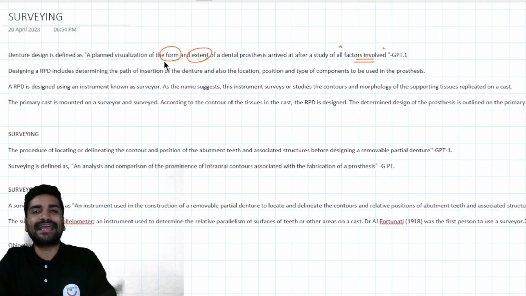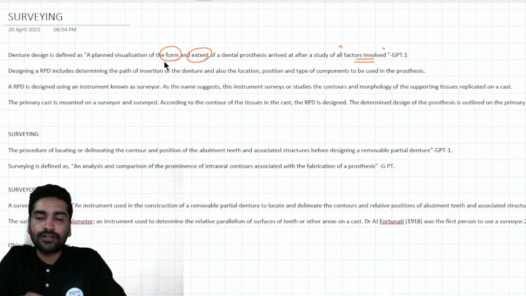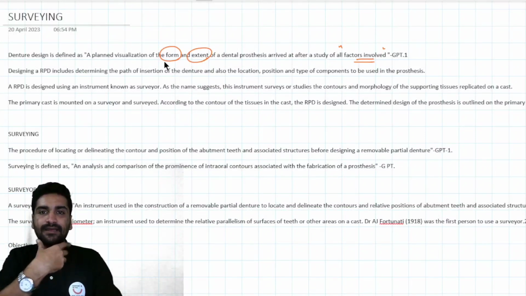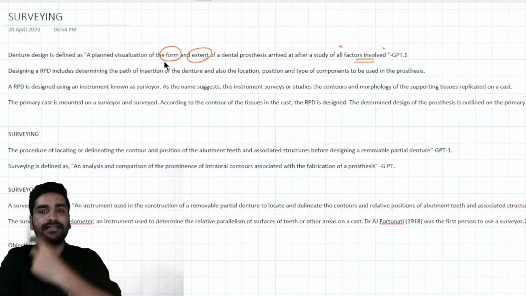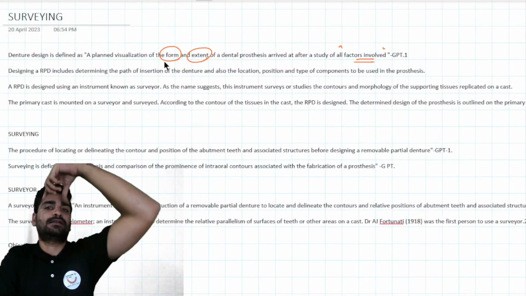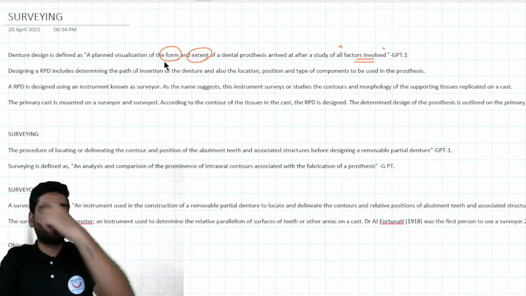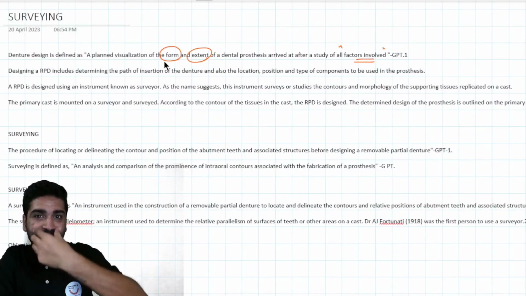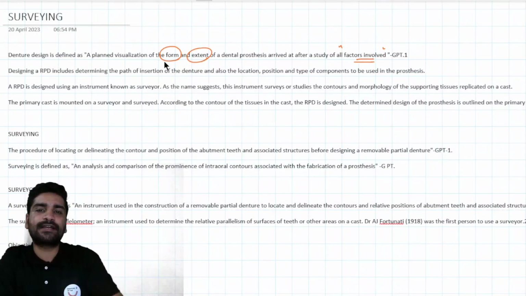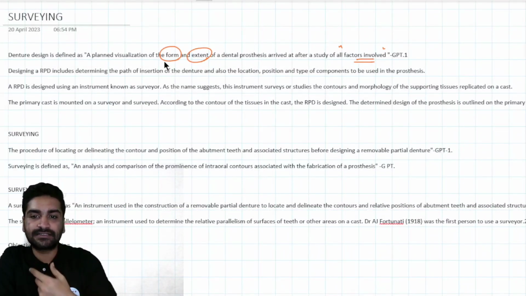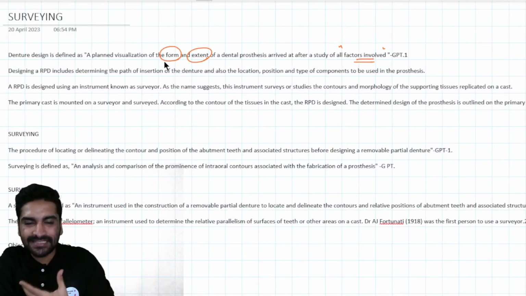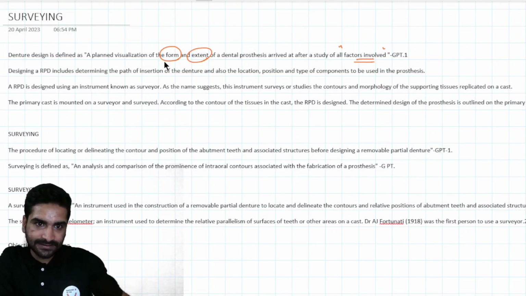Suppose if this is my mouth, I can place an RPD like this, like this, or like this. There are various ways with which I can put that prosthesis in my mouth and it gets accommodated wherever the teeth are absent. So path of insertion is the path through which the RPD gets inserted or placed.